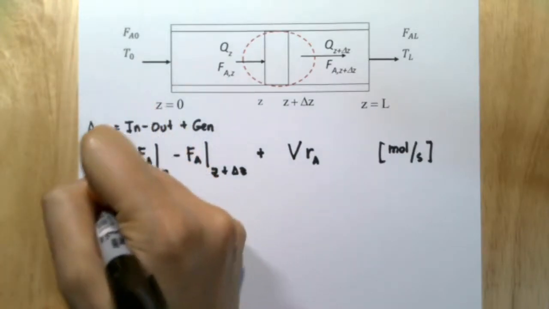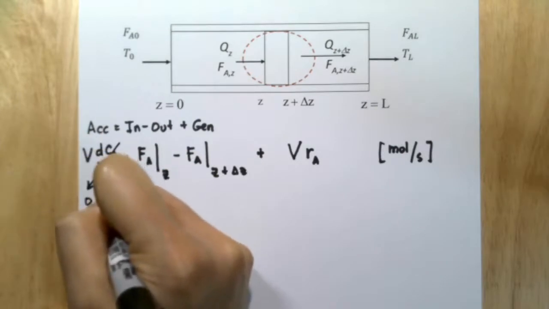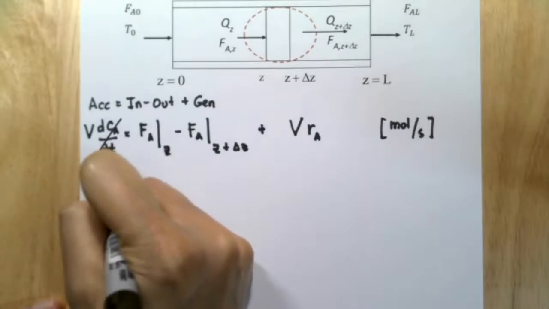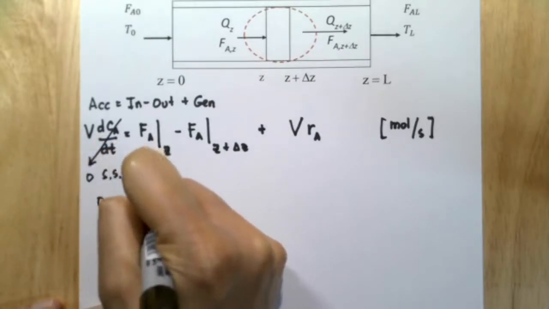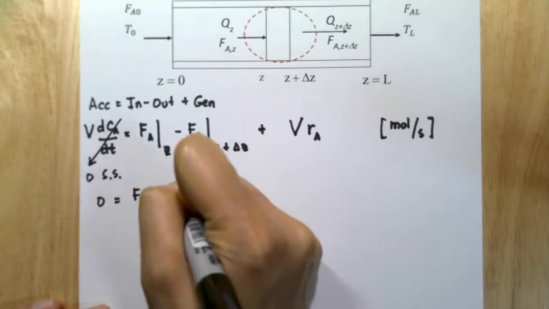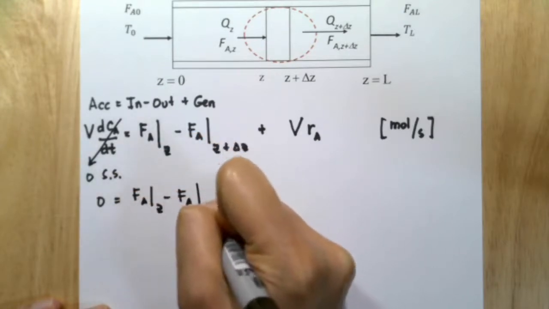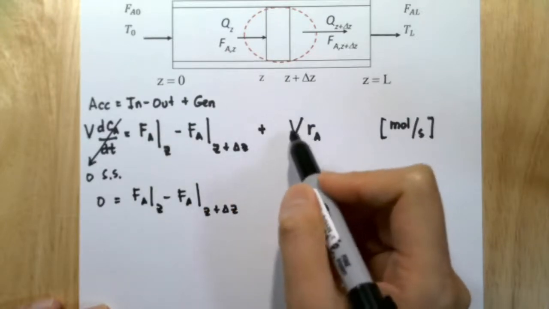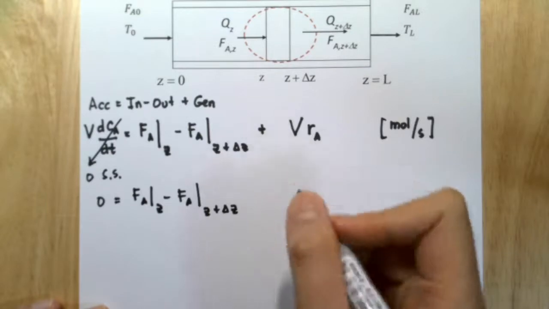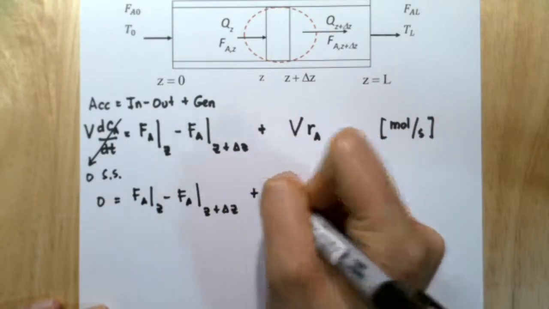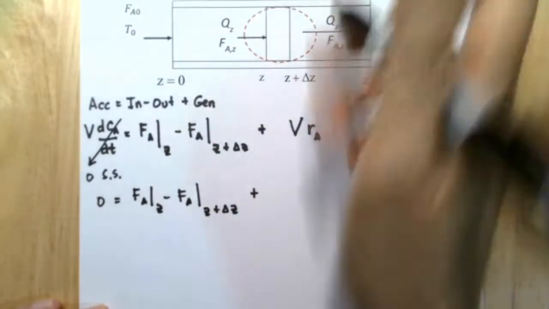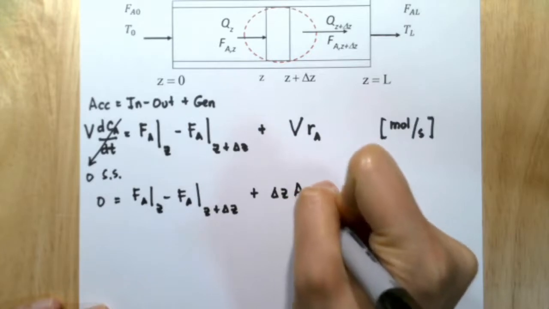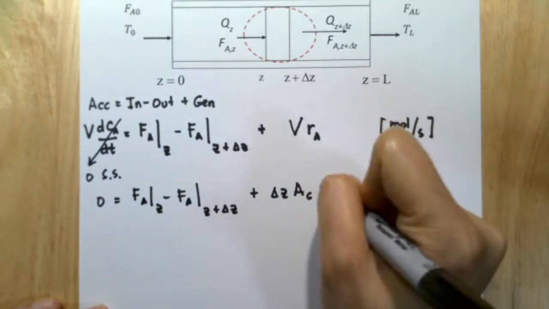So we can drop the accumulation term because of our steady state assumption. So we'll have 0 equal to FA evaluated at Z minus FA evaluated at Z plus delta Z. And then I can express the volume of my control volume in terms of its dimension. So it's the length times the cross-sectional area. So I have delta Z times the cross-sectional area AC times RA.